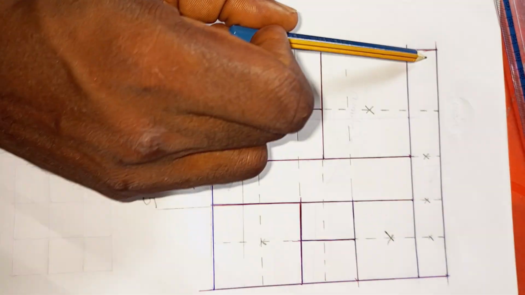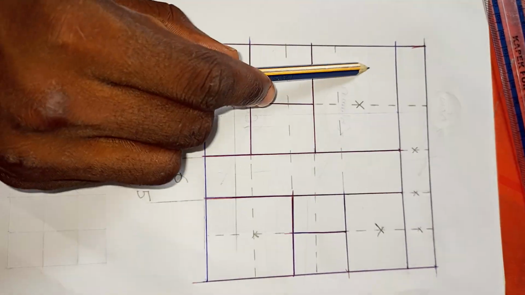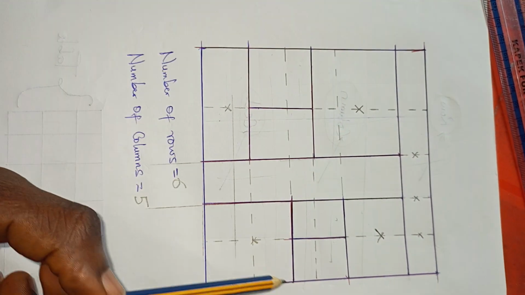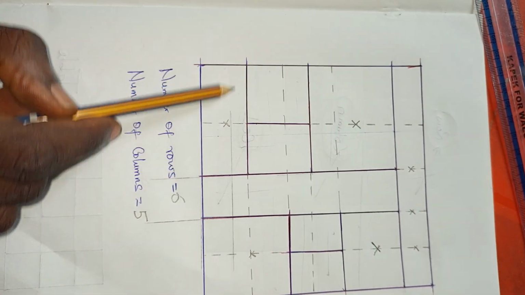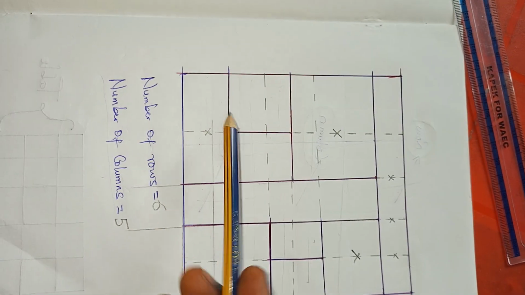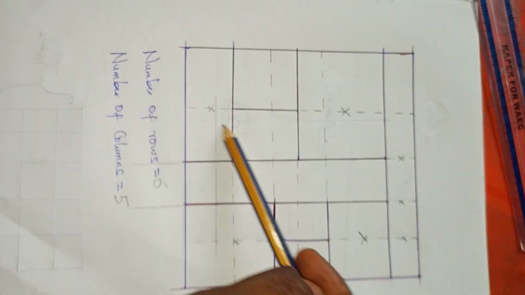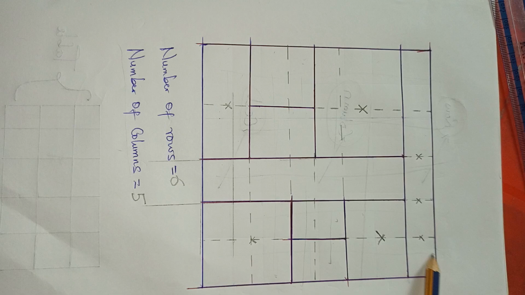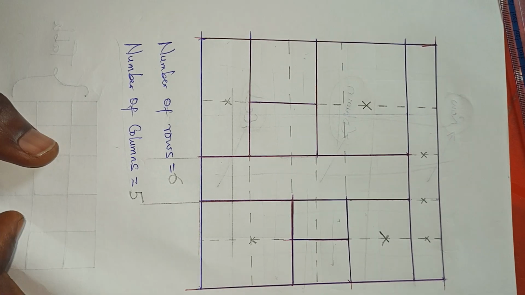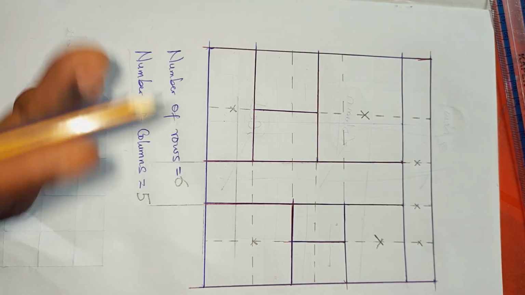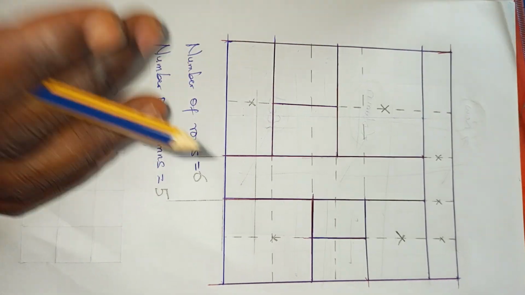For the rows, I have one, two, three, four, five, and six. Six rows. As for the number of columns, I have one, two, three, four, and five. And that is how you go about counting the number of rows and columns.